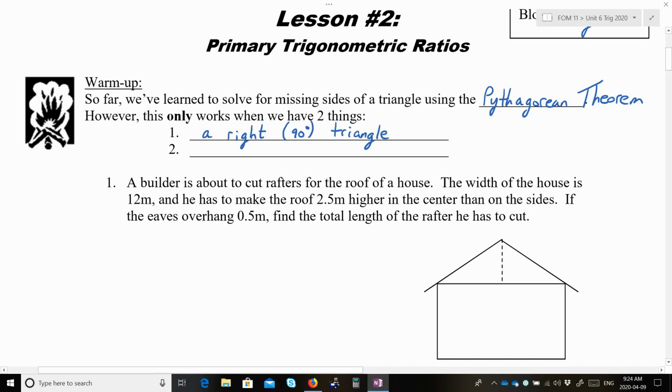So you have to have a 90-degree triangle, and you have to know two of the three sides. That's the only time the Pythagorean theorem works.